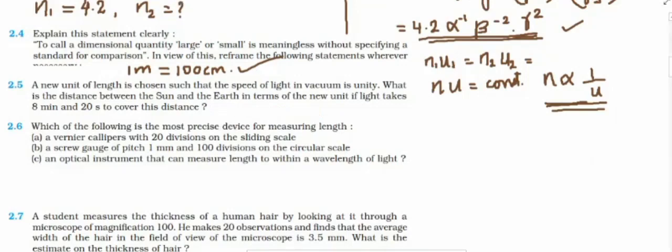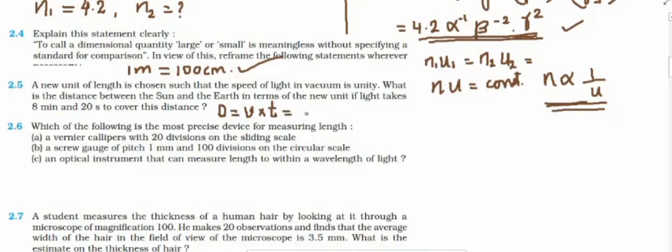Now, next, a new unit of length is chosen such that the speed of light in vacuum is unity. What is the distance between the sun and the earth in terms of the new unit if light takes 8 minutes and 20 seconds to cover this distance? That means to reach the earth. So distance is equal to speed into time.